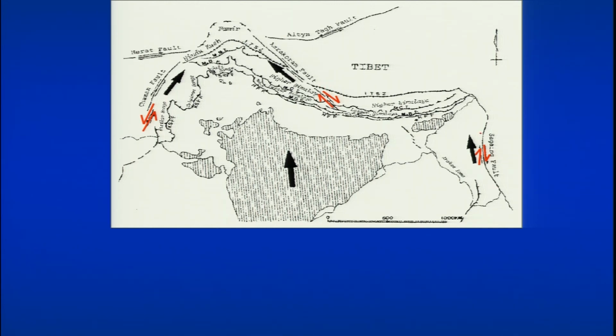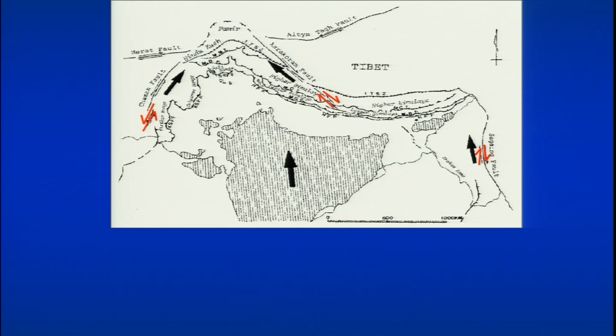The major boundary on the eastern side is the right lateral Sagaing fault system. In the central part, along the Himalayan arc, we mostly have a compressional tectonic environment, and we see thrust faults and different plate boundary fault systems, mainly the Himalayan frontal thrust, main boundary thrust, and main central thrust.